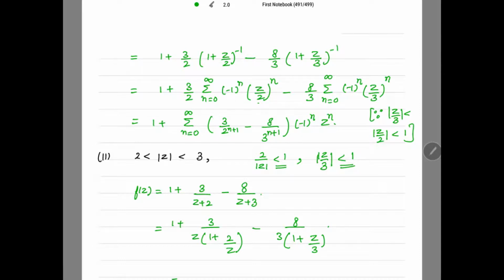Now again we have to take this denominator in the numerator as their inverses and expand the series.